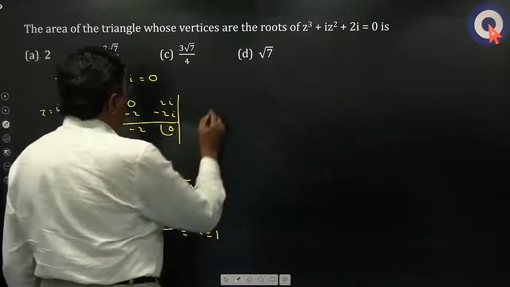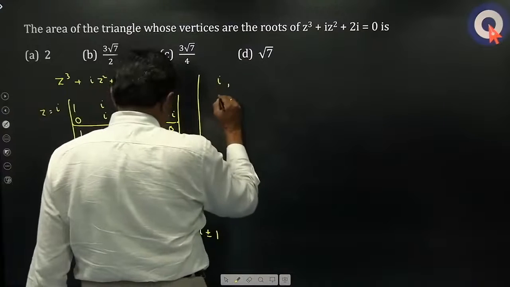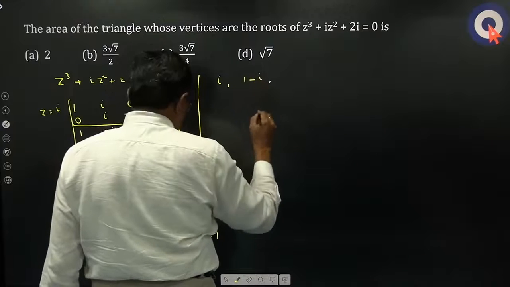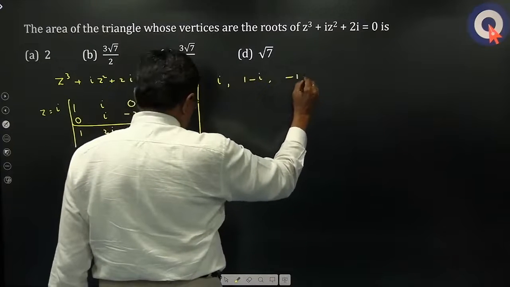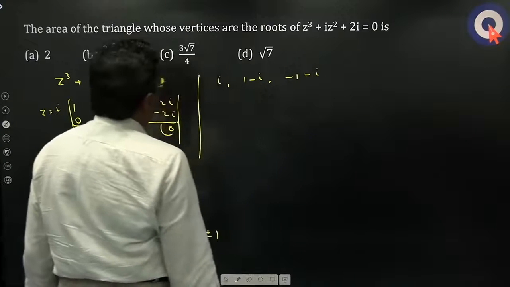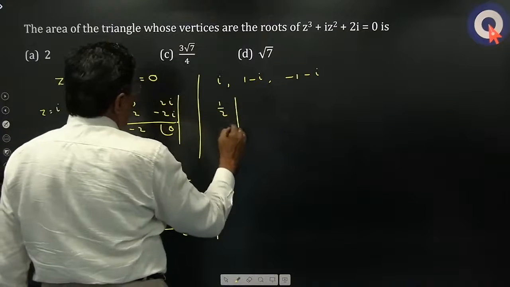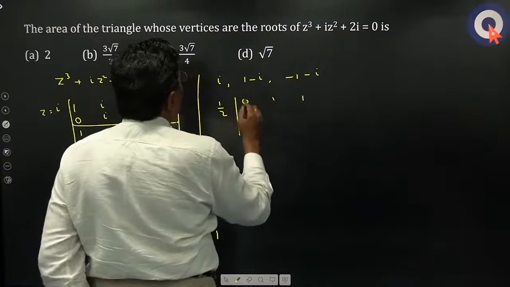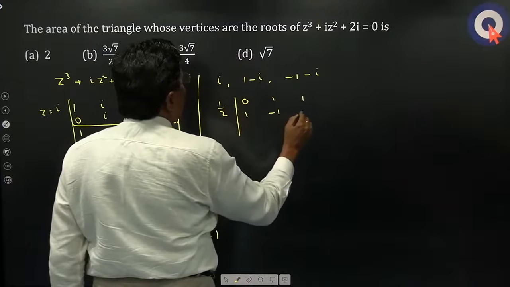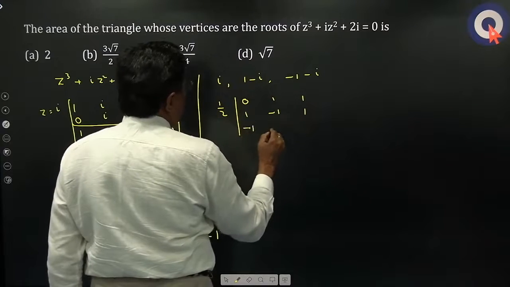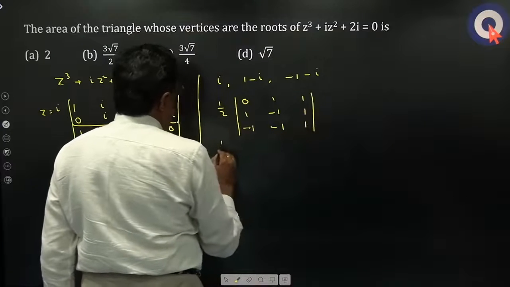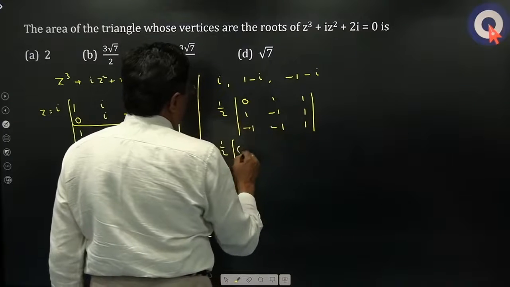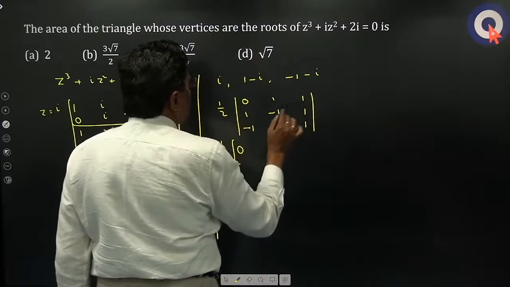So the roots are: i is one root, right? 1 minus i is another root, minus 1 minus i is another root. So area of the triangle is half of the determinant: 0, 1, 1, 1, minus 1, 1, minus 1, minus 1, 1. So how much does this happen? Half into minus 1 plus 1, minus 1 plus 1, gone.